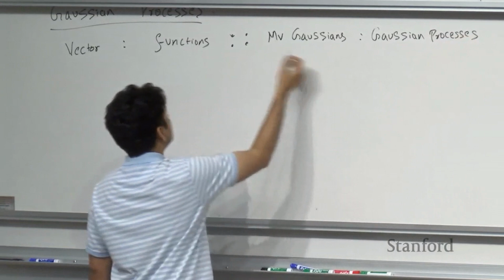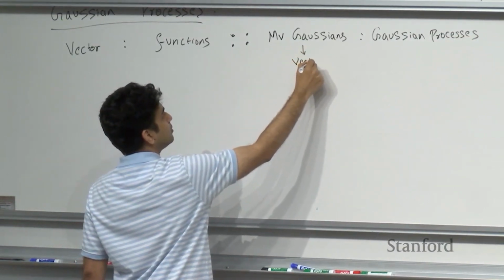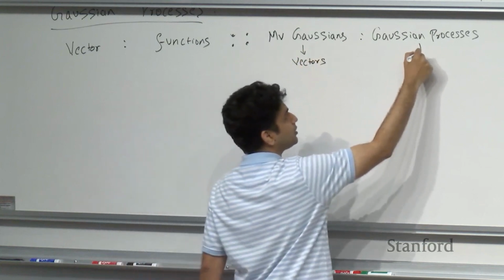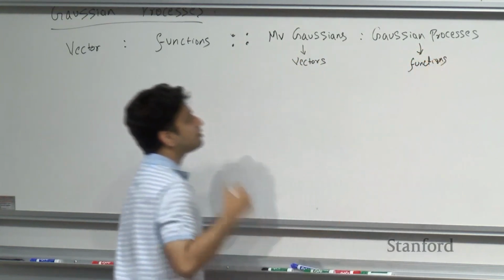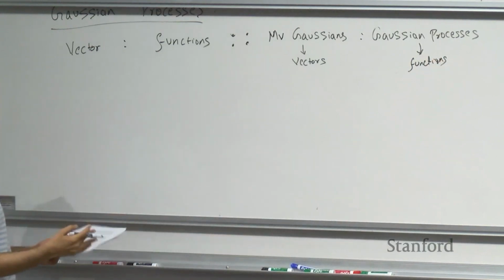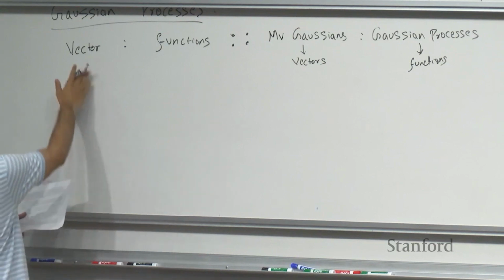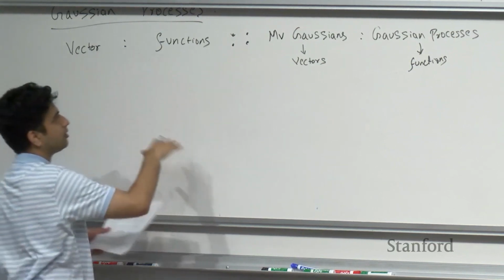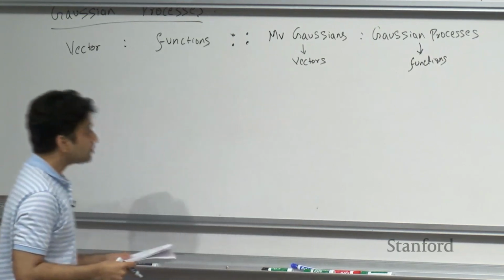So multivariate Gaussians are defined on vectors, and Gaussian processes are defined on functions. It is in fact exactly the same relation of how vectors and functions are related that multivariate Gaussians are related to Gaussian processes.